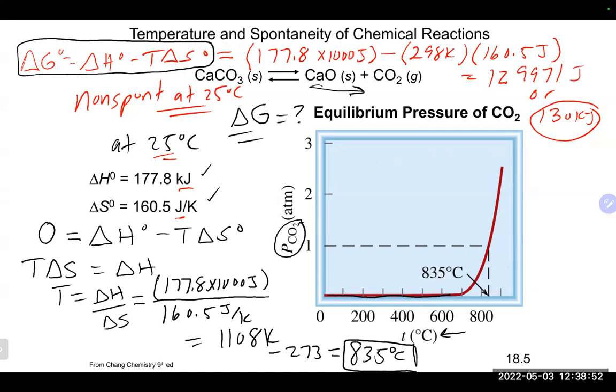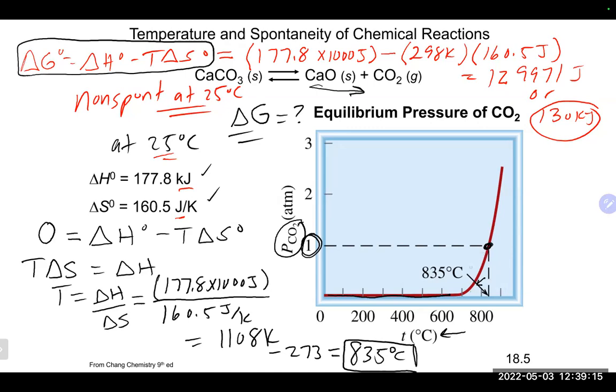And we really don't see, technically speaking, until about 835 some pressure occurring there for our CO2, basically 1 atmosphere of pressure. We do get a little bit of it before, but really not until we get to standard 1 atmosphere conditions. It doesn't occur until about 835 degrees Celsius.